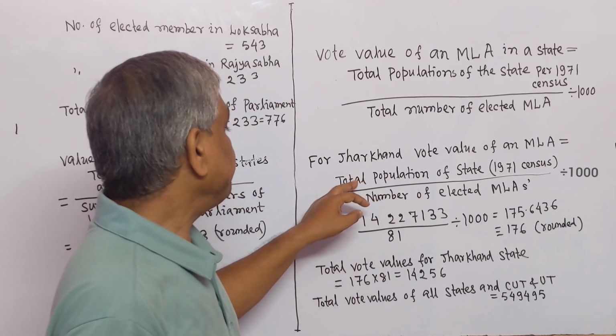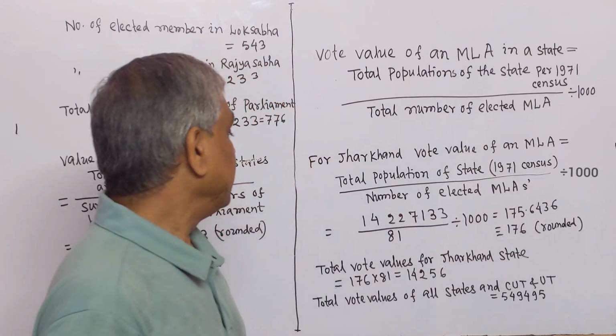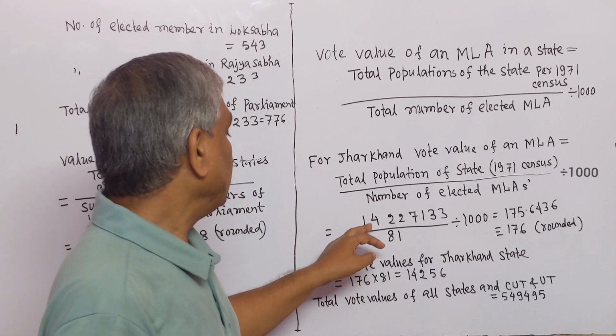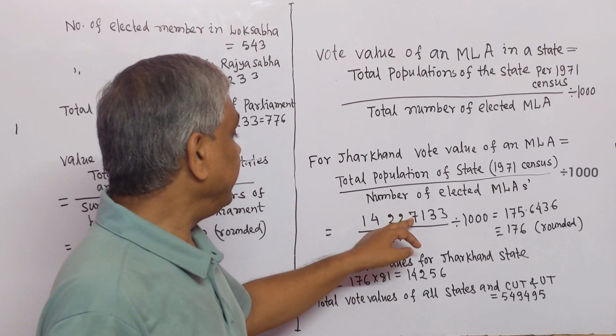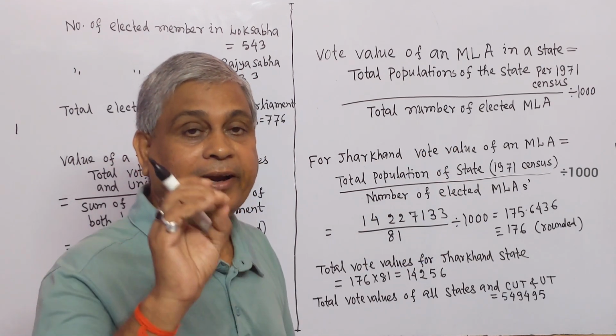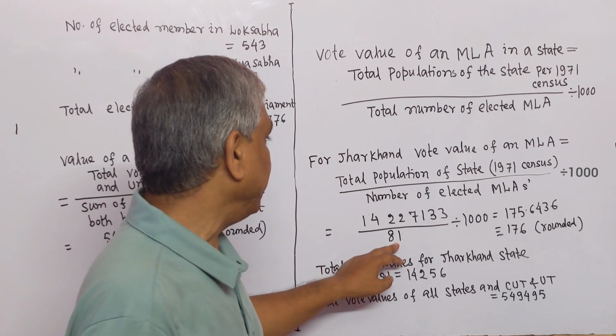Here, as per 1971 census, the population of Jharkhand state be 1,42,27,133 and total number of elected MLAs be 81.